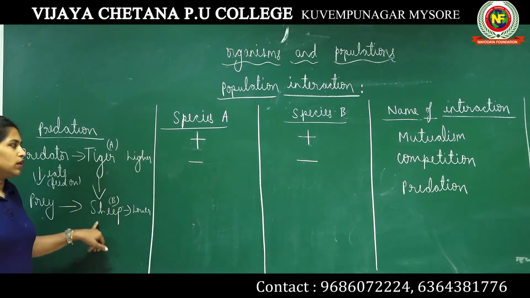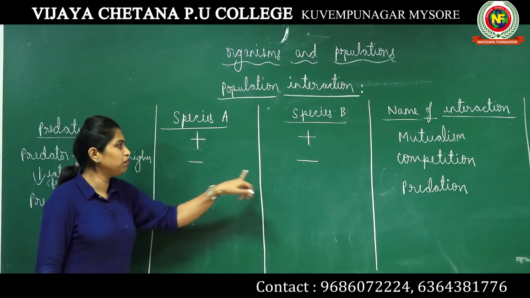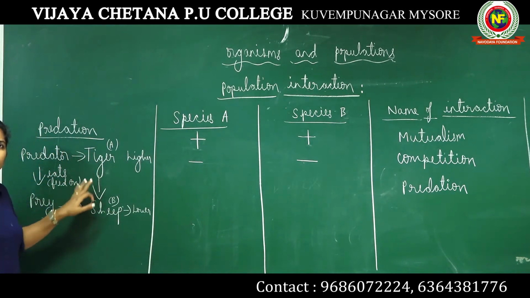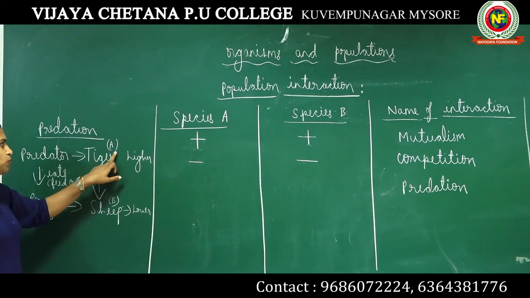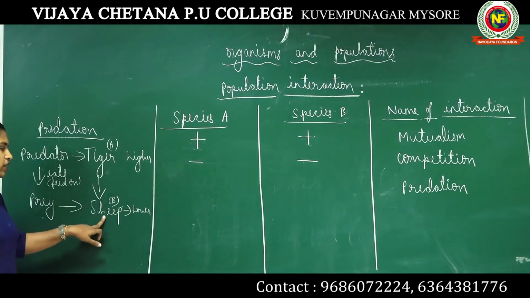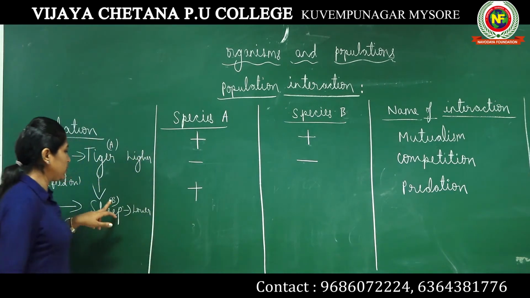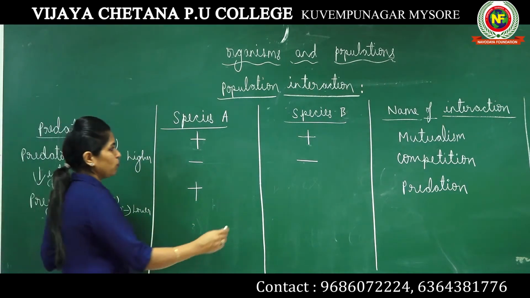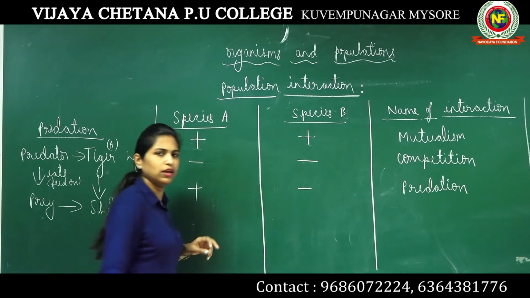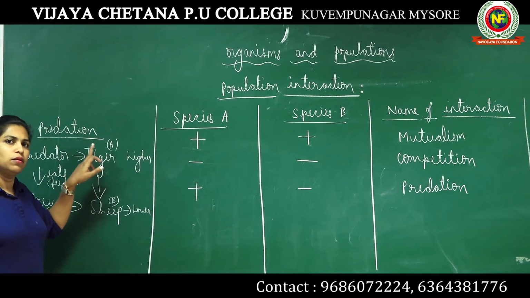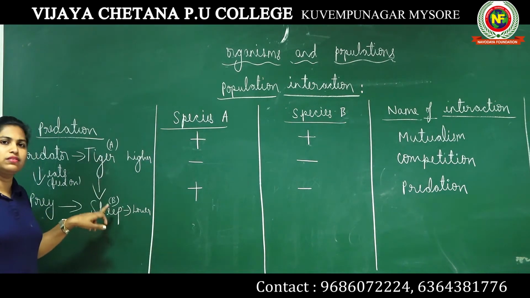Now, what is the type of symbol we can use for predation? Here, who is benefited out of tiger and sheep? Tiger is benefited because it is getting its food. So, one species is benefited whereas sheep is being killed. So, they are being negatively affected or harmed. Here tiger is benefited, sheep is harmed.